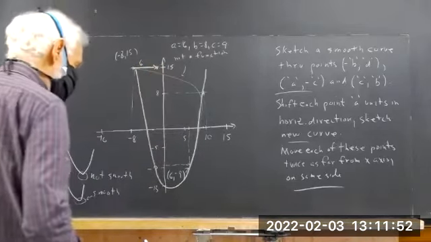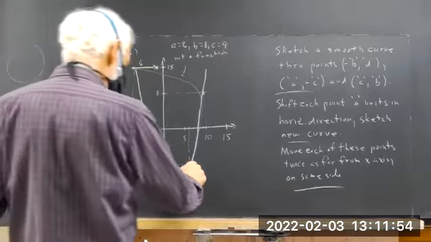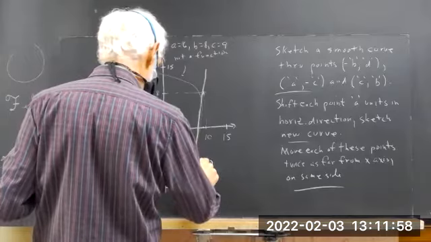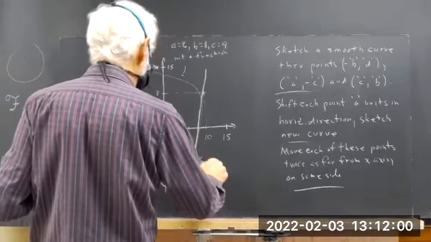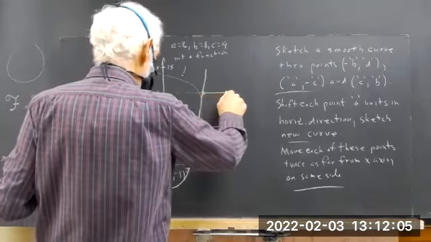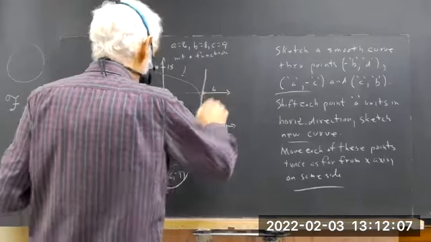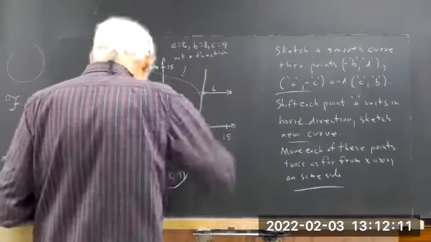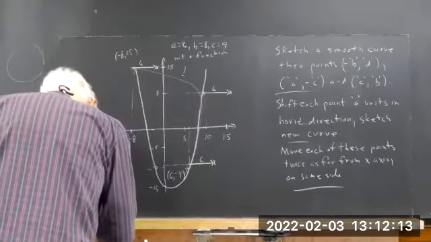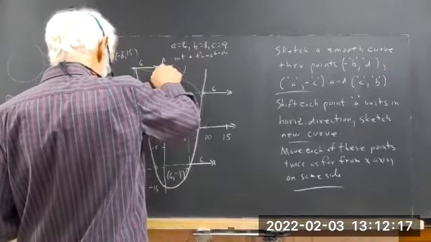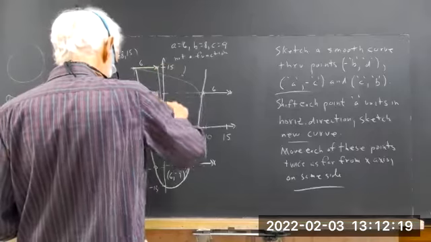So I'll have a point like this. This point will come over 6 units here, and this point will go over 6 units, maybe here. And now my curve looks like this.